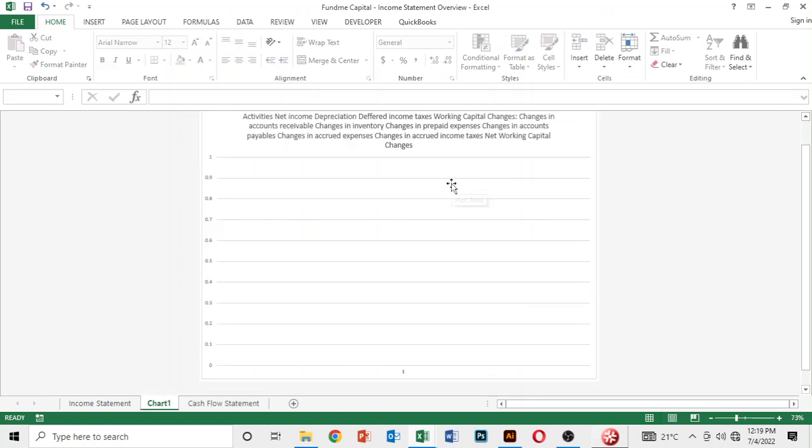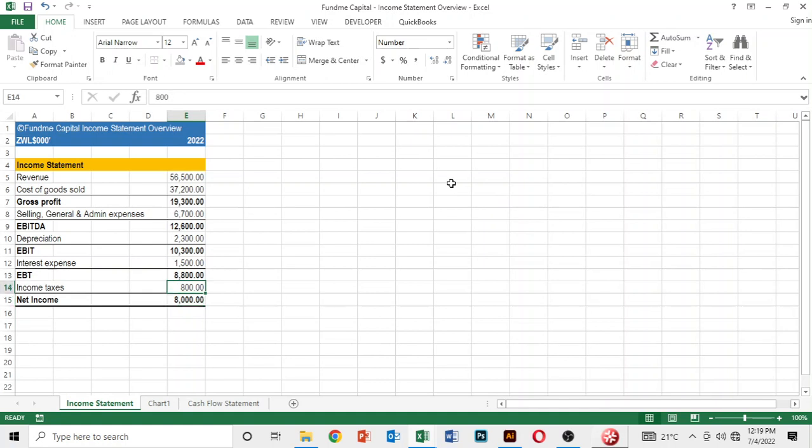So as you can see here, we have the revenue figure. This revenue figure is comprised of cash sales and credit sales. The same applies to the cost of sales. This figure constitutes credit purchases and cash purchases.